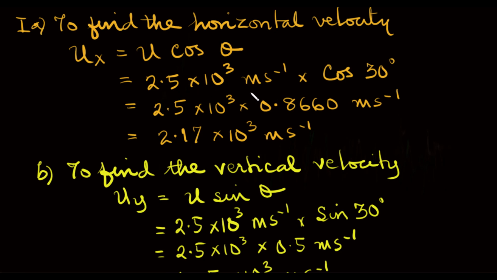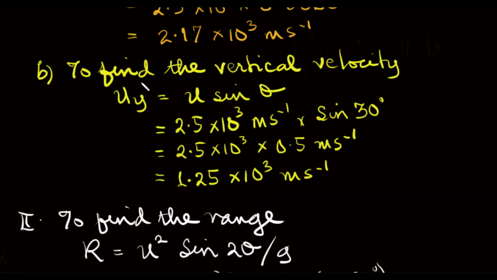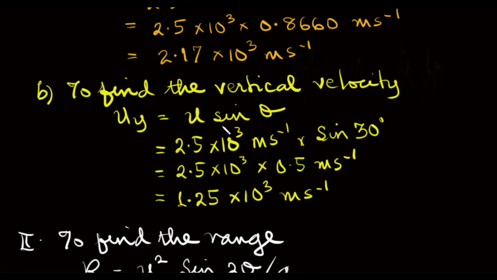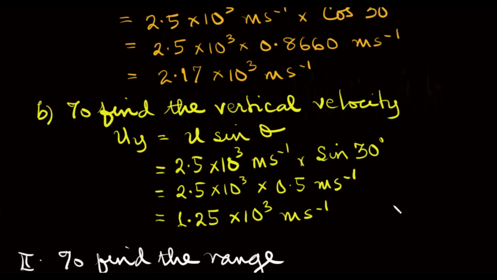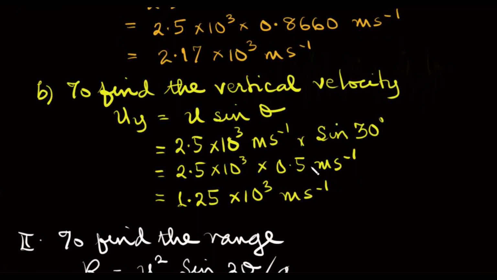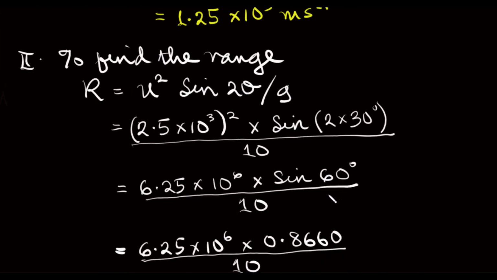We substitute the values given to us, evaluate, and we obtain 2.17 times 10 raised to the power 3 meters per second. Don't forget your units, very, very important. To find the vertical velocity, we use uy equals u sine theta, just like the horizontal velocity. We substitute the given values, evaluate, and we obtain 1.25 times 10 raised to the power 3 meters per second as the vertical velocity.